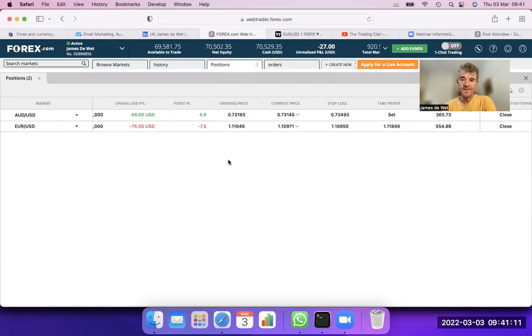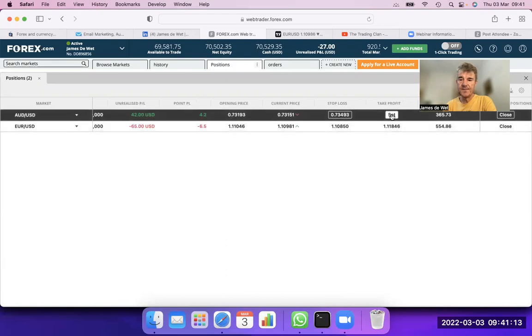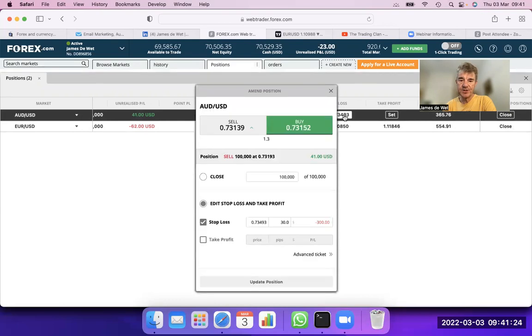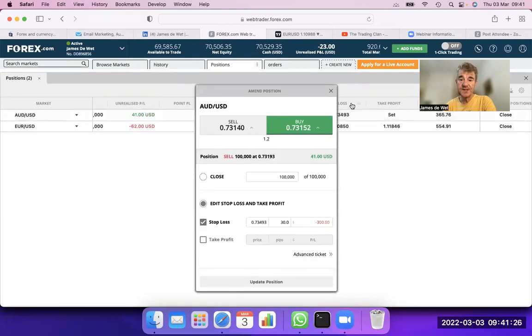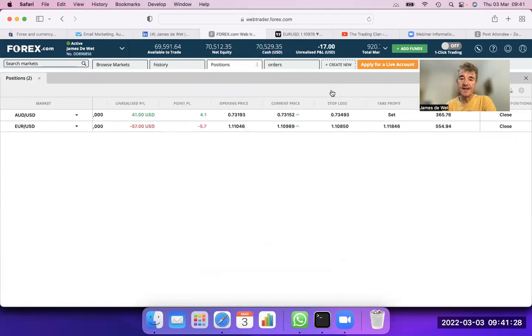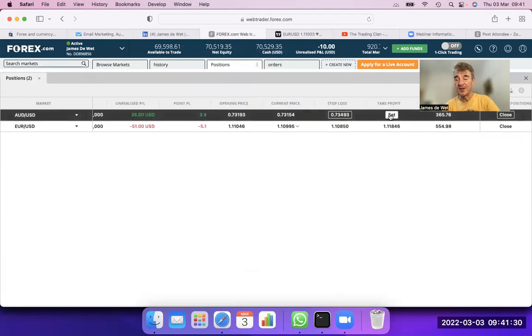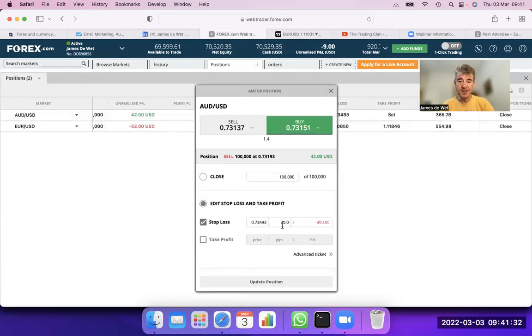We don't have a target for the Aussie dollar, but based on the stop loss, which is 20 odd pips, let's just make sure of that. Stop loss is 30 pips. So again, if you don't know precisely what a target should be, I normally just go for double the stop loss, so I'm going to do that.